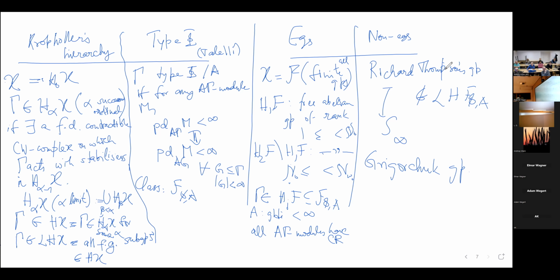Let me give one example concretely. I think this was in my paper again. Before, I was talking about Gorenstein projectives. So here is an example of a Gorenstein projective module, which you can always construct: any permutation module with finite stabilizers.